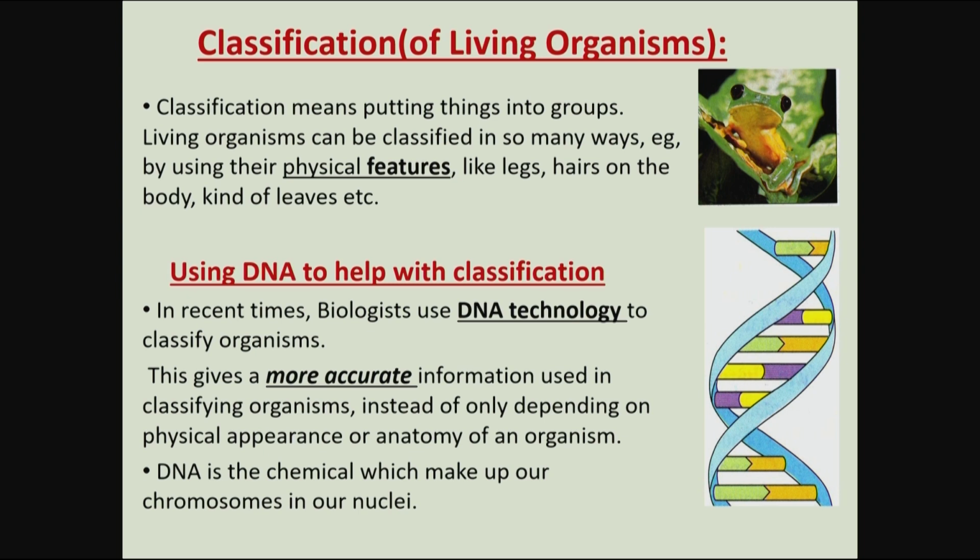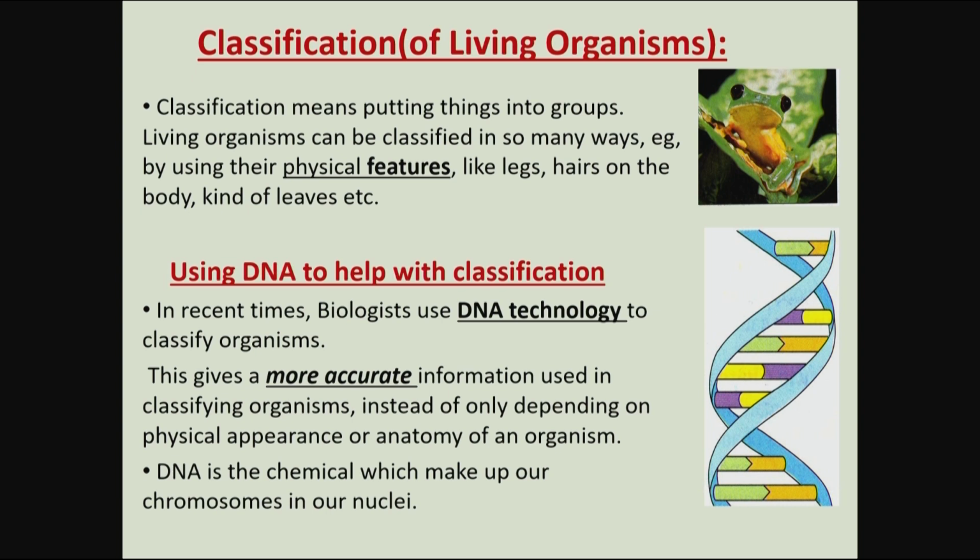Features like, do they have legs? Do they have hair on their skin? Are they warm-blooded? Are they cold-blooded? Do they have leaves? All these features are considered, and sorting organisms into these different groups is all about classification, or you can also call it taxonomy.